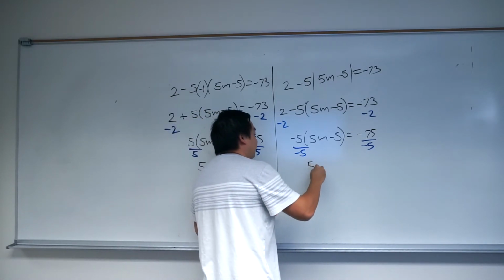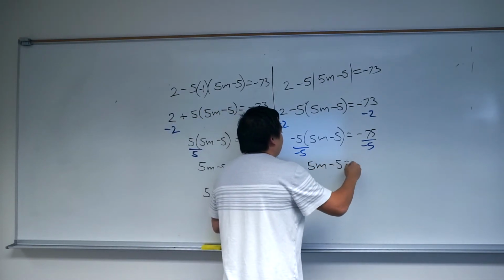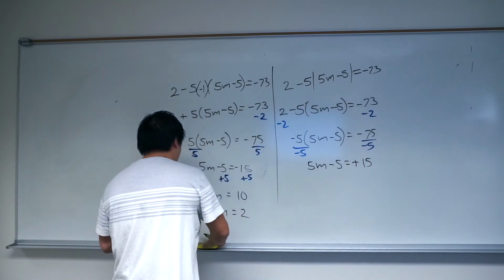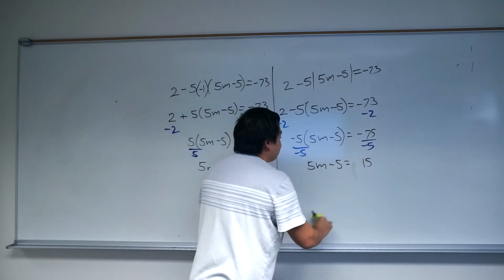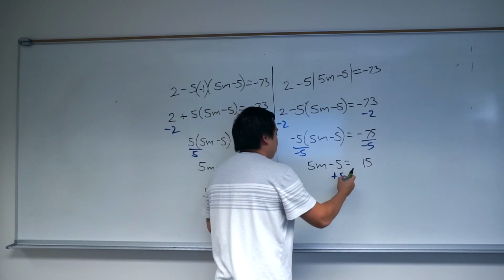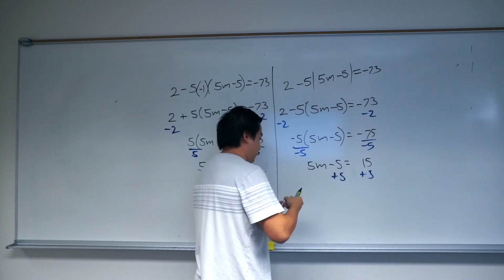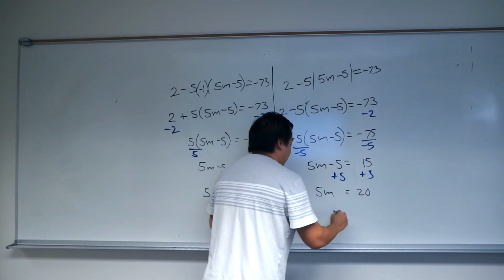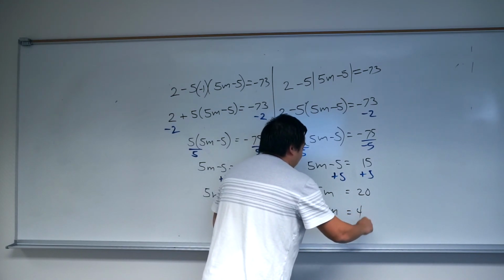And we're left with 5m minus 5. In this case, it's going to be plus 15. And of course, you don't need the plus there. And then solve for m. So 5m is equal to 20. And dividing by 5 again, m is equal to 4.